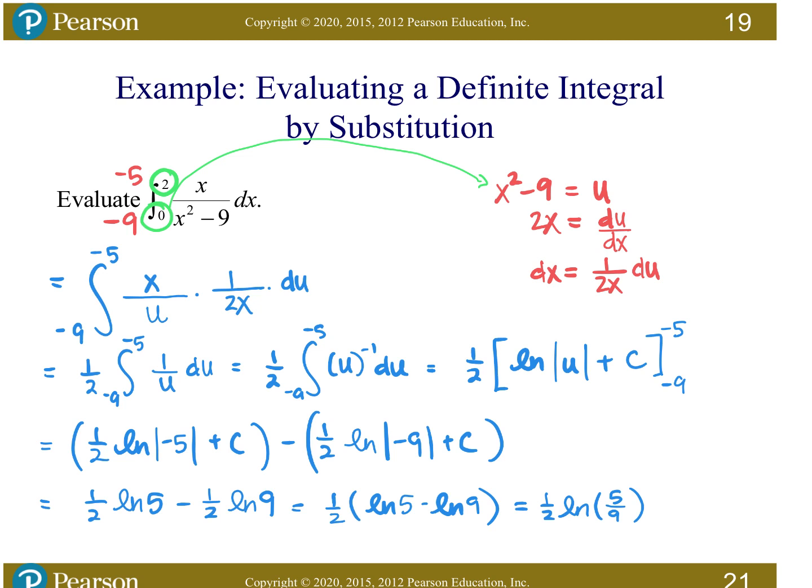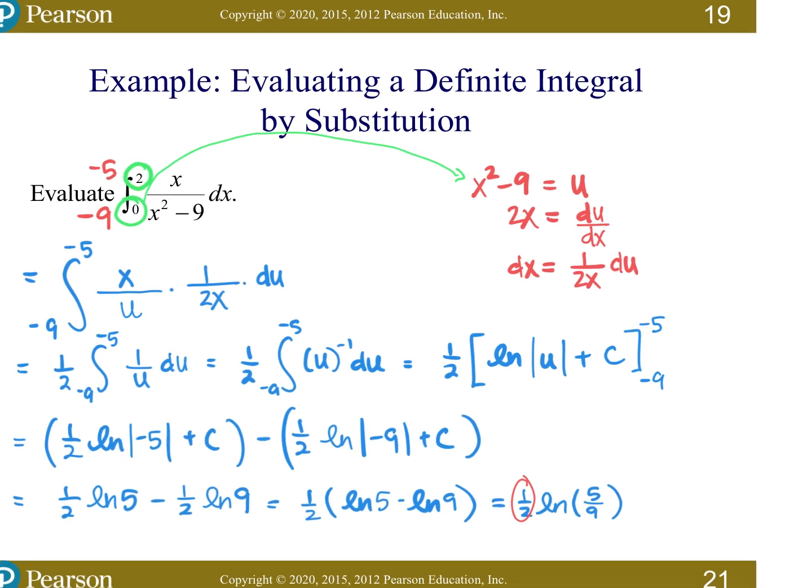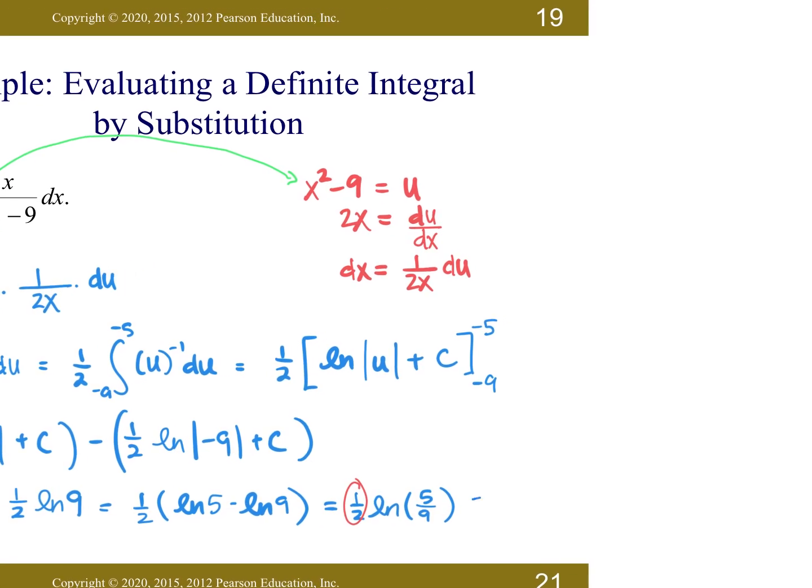All right, and another thing about natural logs is when you have a number that sits in front of the natural log, that is equivalent to the natural log of 5/9 to the fraction 1/2. And that is the natural log of the square root of 5/9.